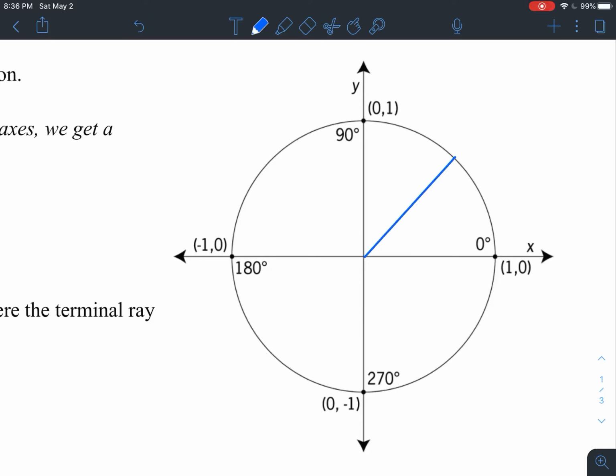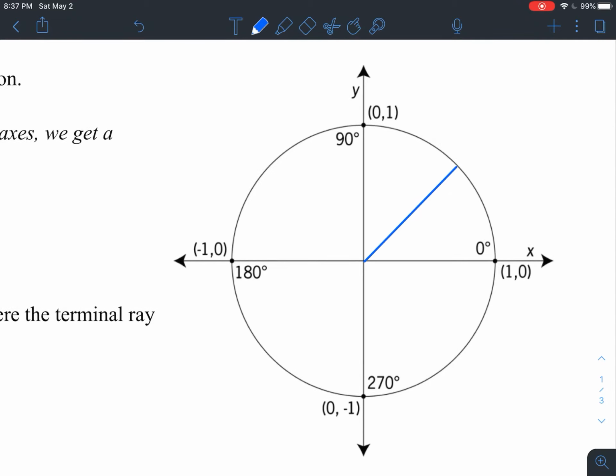Just about there. Not perfect, but close enough. That would be a 45-degree angle. Now, in a unit circle, since all the points on my graph are 1 unit away from the origin, we know that radius is just positive 1.